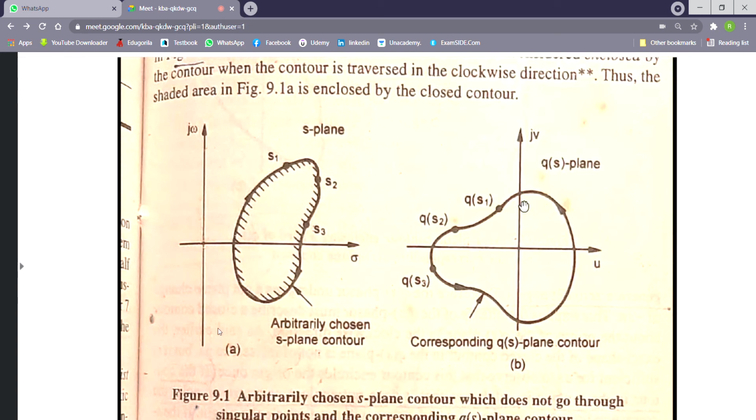So we are interested in the fact whether this QS plane contour encircles the origin of the QS plane or not. Got it?